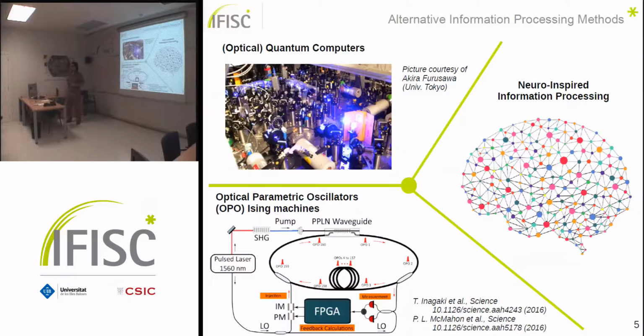And nowadays, we have a variety of methods of optical implementations for information processing devices. We have, for example, on quantum computers, implementation of optical systems to build them, where quantum effects are used. We have the construction of Ising machines made of delay and optical pulses. And these systems can emulate complex network up to even 2,000 nodes.